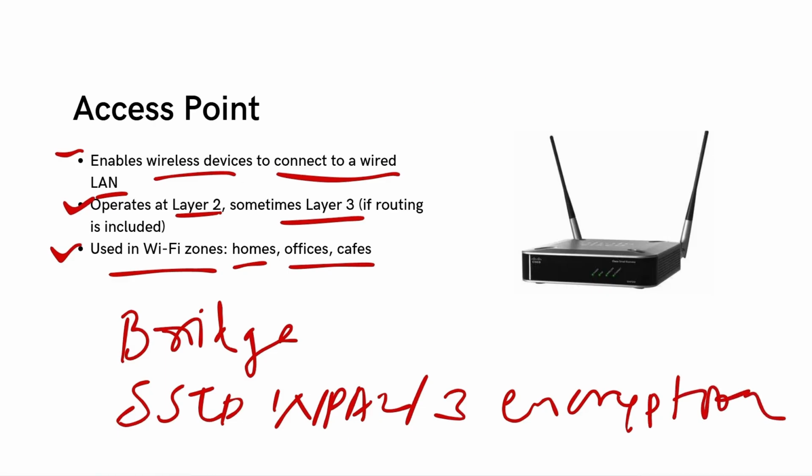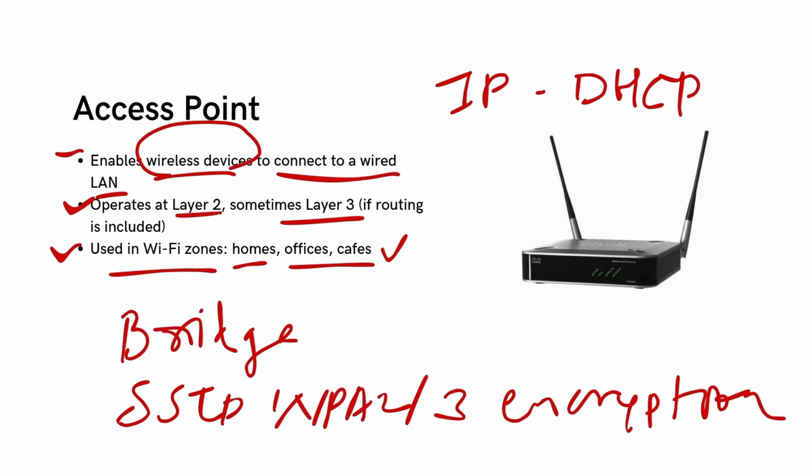It doesn't assign IPs, so it needs a DHCP server or router. Where is it used? Homes, offices, cafes and schools. And why do we use it? To support wireless devices.